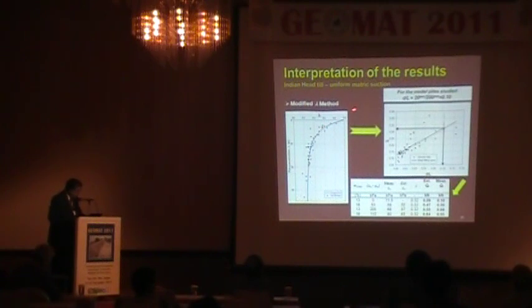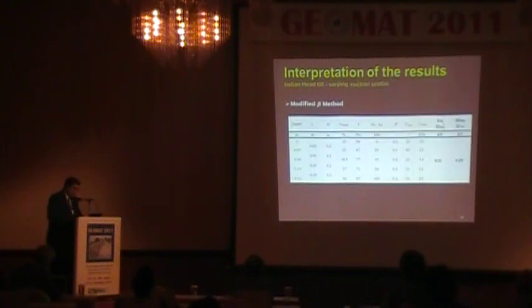Now showing the results of the lambda method, we have modified the lambda method that was introduced by Vijayvargiya and Ford, and we have provided a relationship between lambda and delta by L. This delta by L value we can get from our experimental results, and now we have provided the comparisons for the tests that we have conducted: what is the estimated value and what is the measured value.